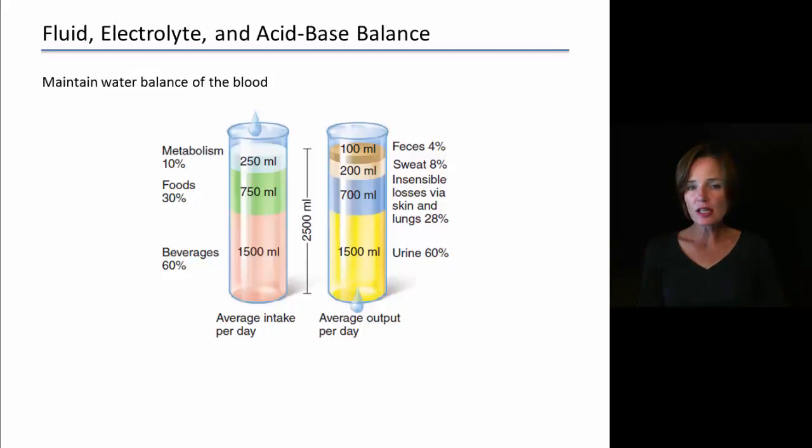We have about 30% that's coming from the food that we eat. And then we also have about 10% that is coming from the various reactions that are being performed on an everyday basis. Now, as far as the output goes, most of it is leaving our body in the form of urine. So that's about 60% of the fluid that leaves. And then we also lose some through feces, sweat, different reactions that occur with the skin and the lungs.